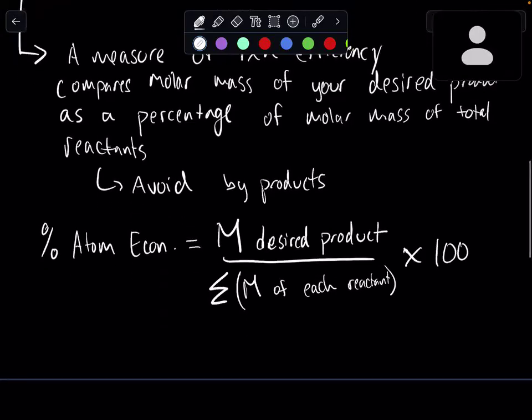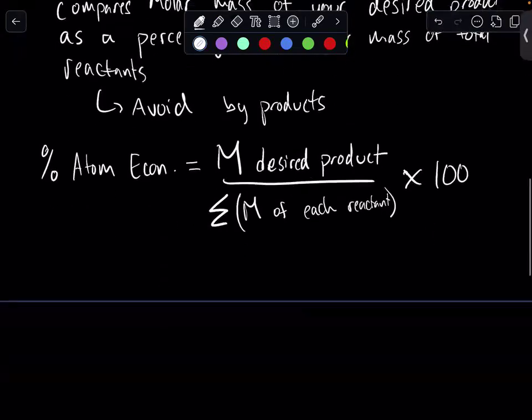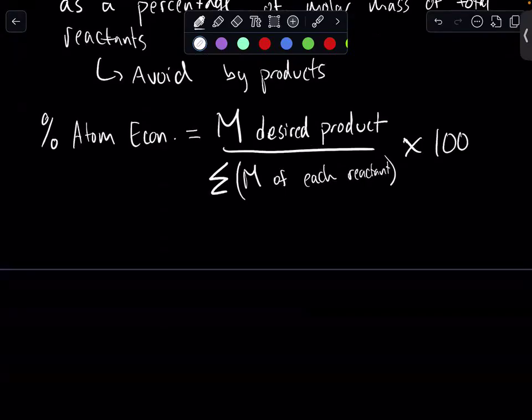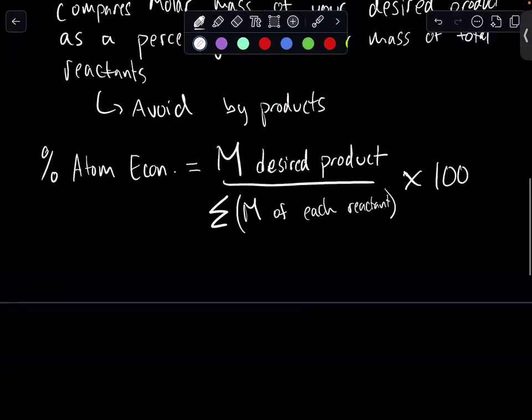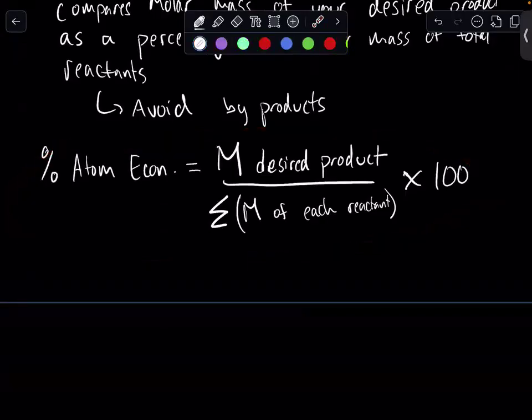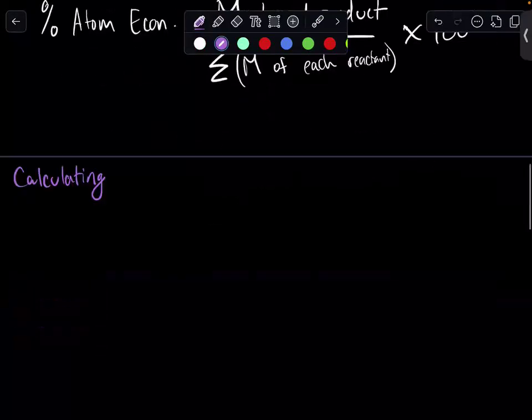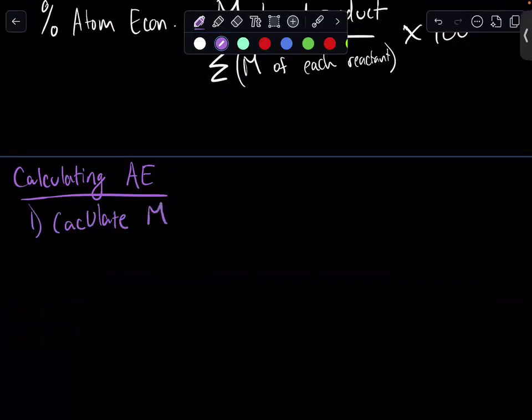So the best way to figure this out is to just try an example. What we'll do is go over the three steps. It's kind of self-explanatory, as you can see via this equation, but I'll write them out anyways for those who like a procedural view. So calculating atom economy, I'm just going to abbreviate that. First, we have to calculate the molar mass of the product.